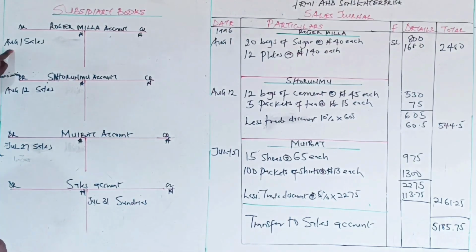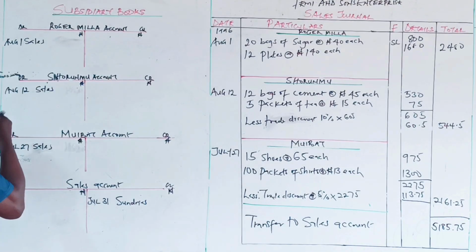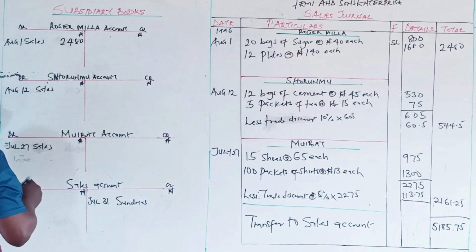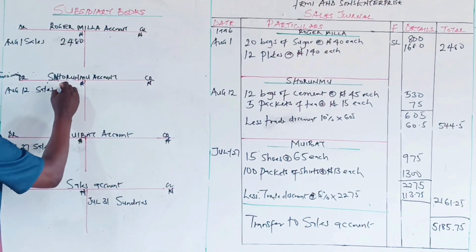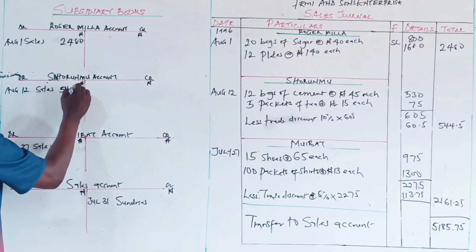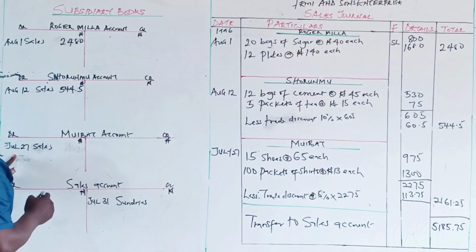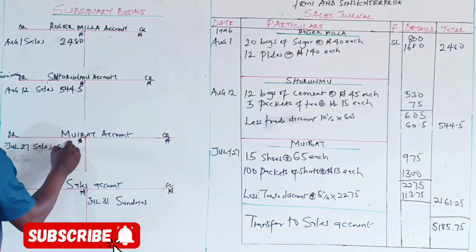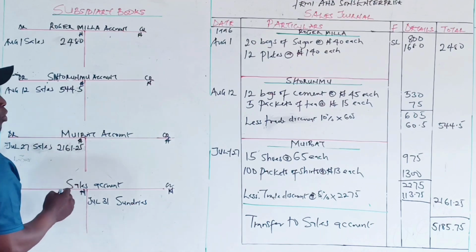So for August 1, you have sales because it's coming from the sales journal. So you have sales, which is 2,480. August 12, you have sales, which is 544 naira 50 kobo. And for July 27, we have sales, which is 2,161 naira 25 kobo.